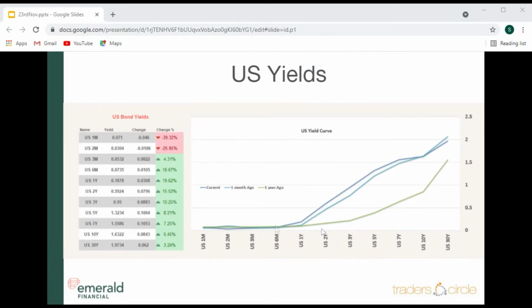And at the time, government bond yields in the US were extremely low. Now, the current US government bond yield curve is this dark blue line up the top here. And so we've actually seen a big jump in US government bond yields over the past 12 months. And even last night, we actually saw an additional big spike in US government bond yields.